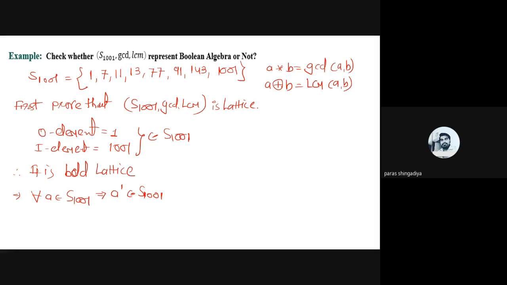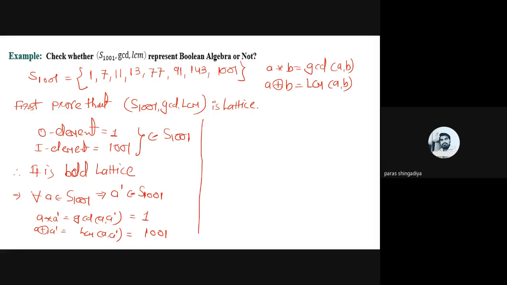So let us check the complement of each entry. And how can we find A dash? Here A star A dash, that is the GCD of A with A dash, and that should be 1, and A ring sum A dash, that is the LCM of A with A dash, and that should be 1001. क्लियर, ये होना चाहिए 1001.